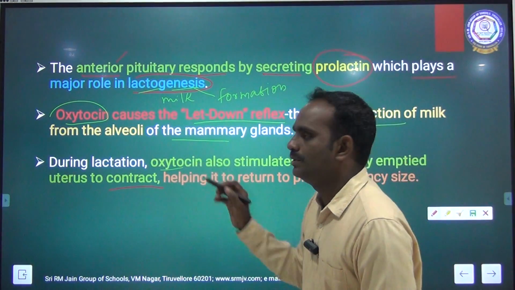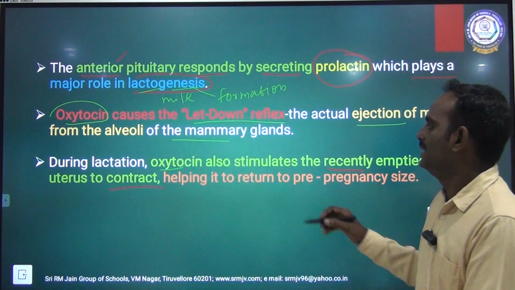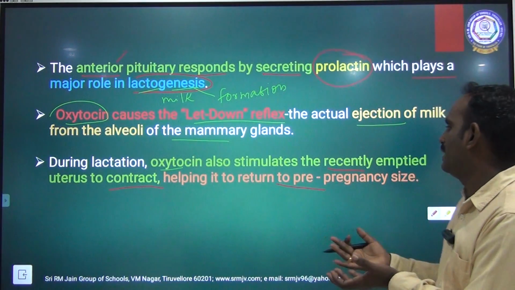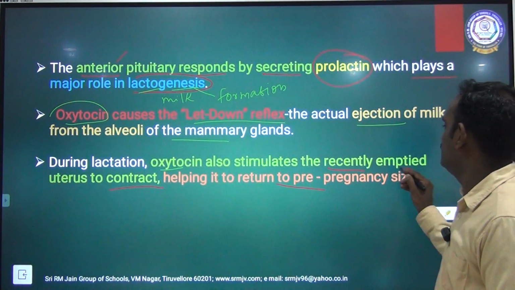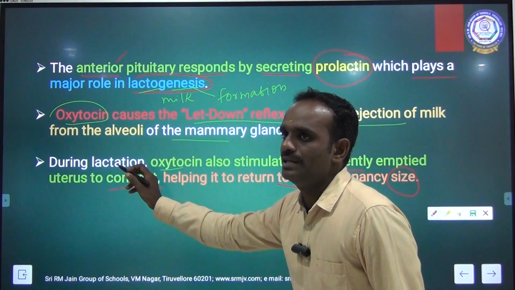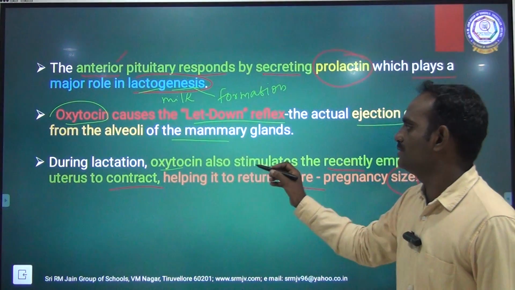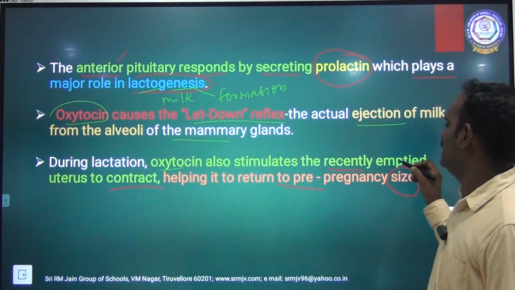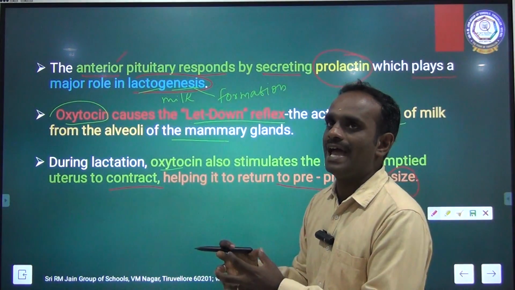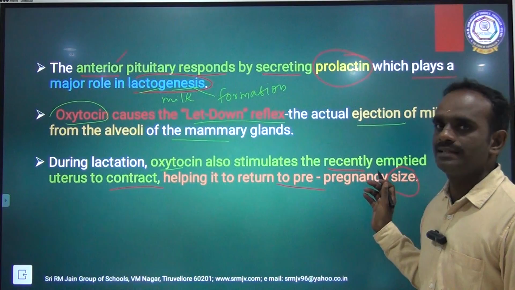So oxytocin stimulates the empty uterus to return to its pre-pregnancy size. Once again, during lactation, oxytocin also stimulates the recently emptied uterus to contract, helping it return to the pre-pregnancy size. Clear?